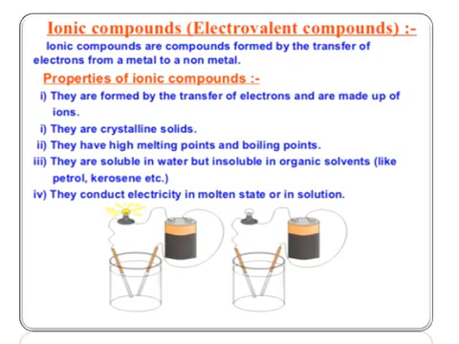Ionic or electrovalent compounds are good conductors of electricity, but they conduct electricity either in molten form or in aqueous solution. A solution of an ionic compound in water contains ions which move to the oppositely charged electrode when electricity is passed through it.